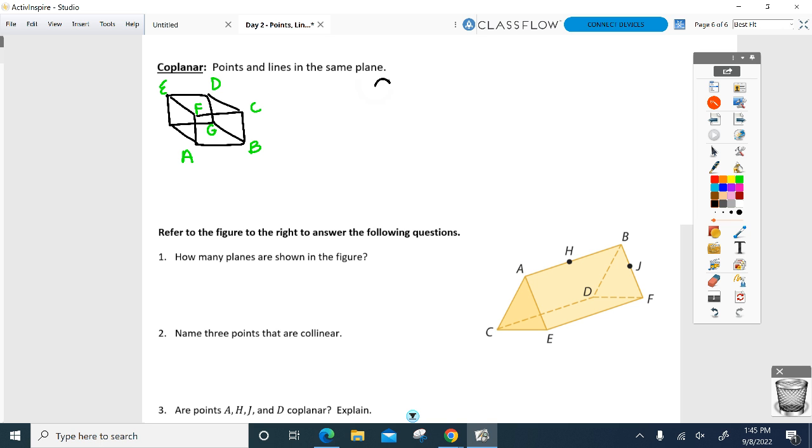Okay, let's start here. Coplanar points. How do I identify what points are coplanar?